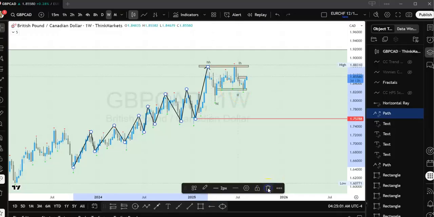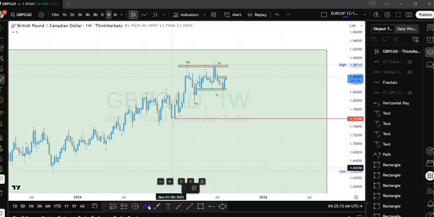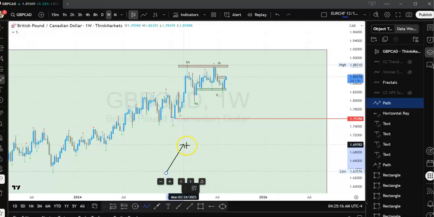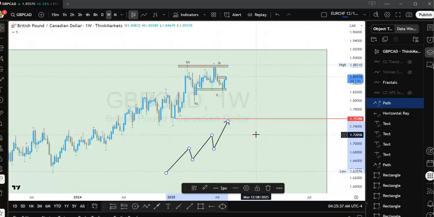So what I mean by that is when we look at market structure, right, we have an impulse move, right? And then we have a correction, and a big impulse move, and a small correction, a big impulse move. So you know that a lot of these moves are big moves, small moves, big moves, small moves.